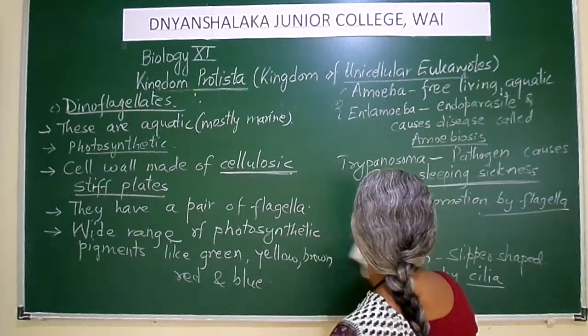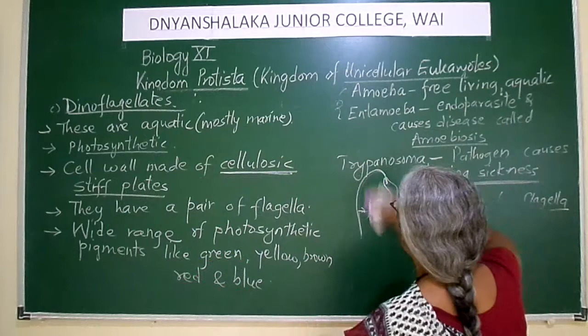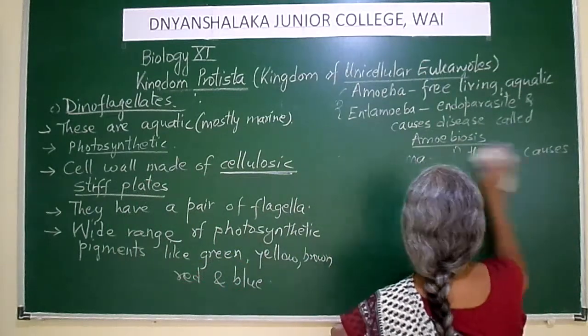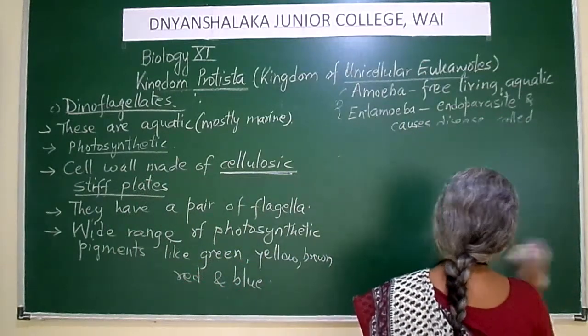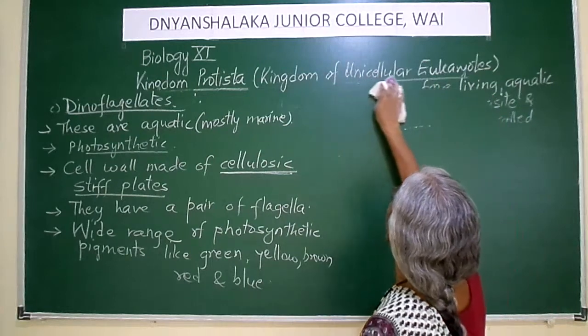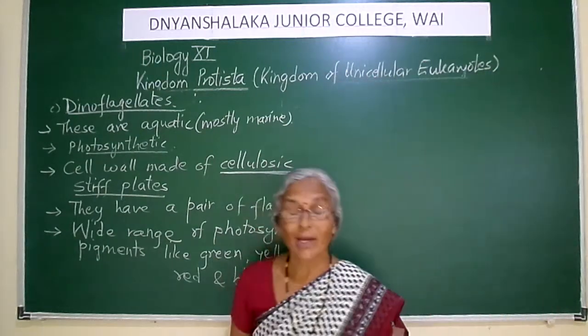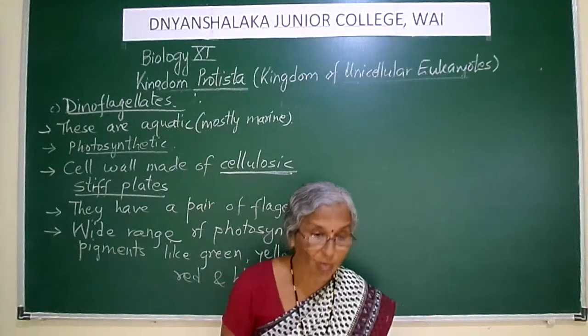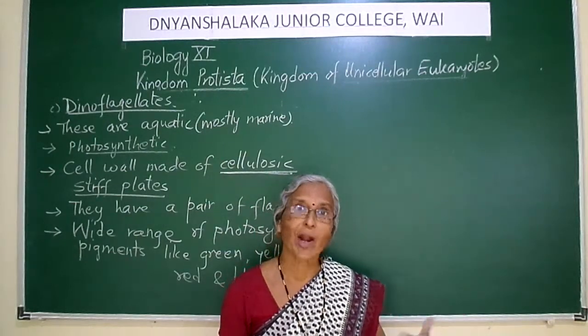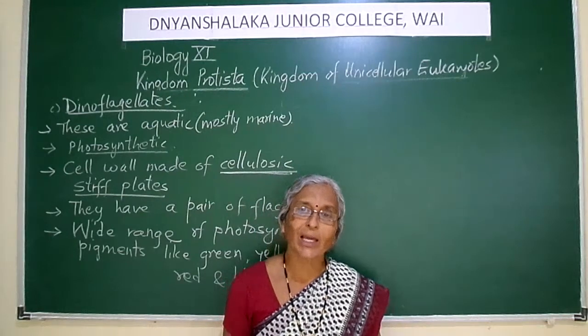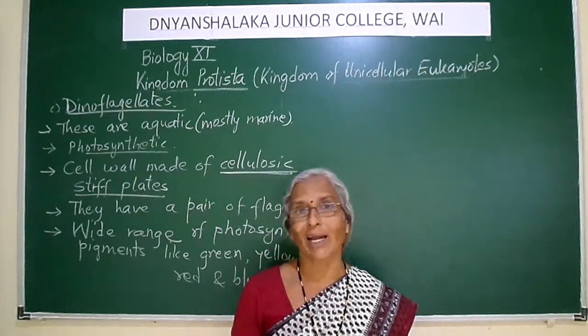Now, in fact, if you have heard, there are some places on our earth, there is a beach in Australia, okay, where the water suddenly becomes red in color. Okay, this is called the red tide.